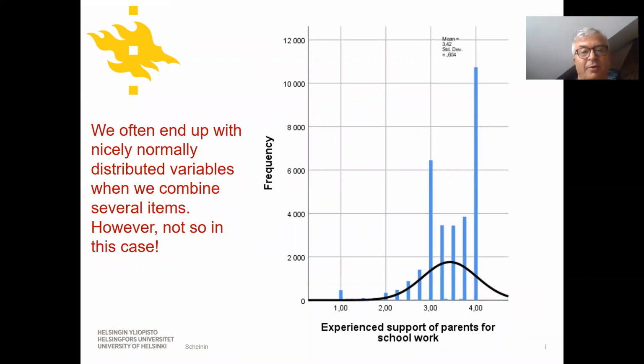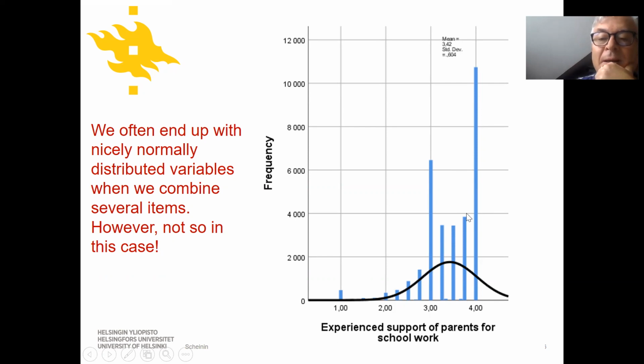And oftentimes you end up, as I said, with a sum or mean variable that has a nice normal distribution and so on. However, that is not the case with these variables. So you can clearly see that there are 2 peaks here, different combinations of 3 and 4, and very few of 1s and 2s.